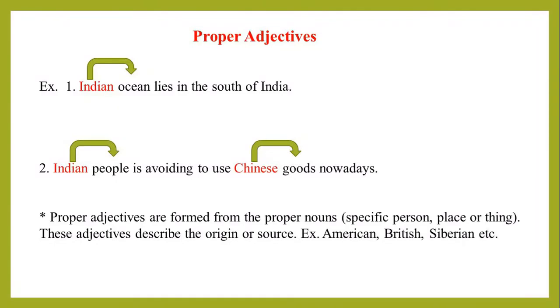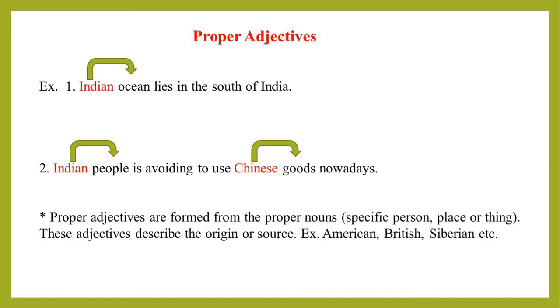Students, firstly read the examples. What do you find here? There are words in red color which are related to the names of countries like India, Indian, China, Chinese. These words are proper adjectives.